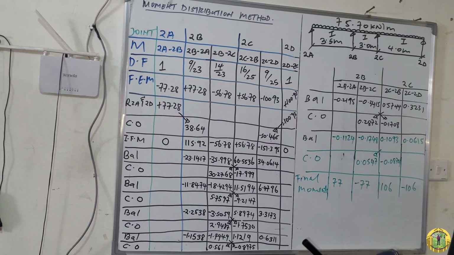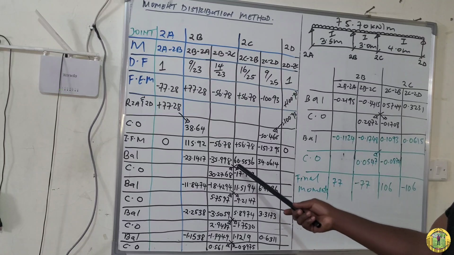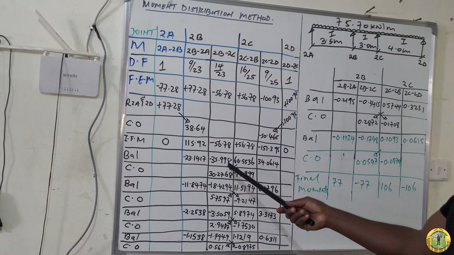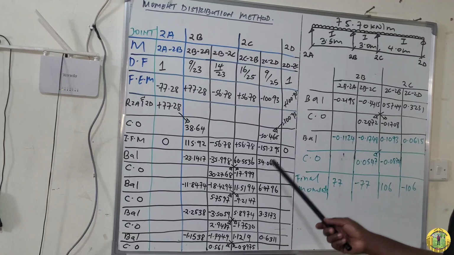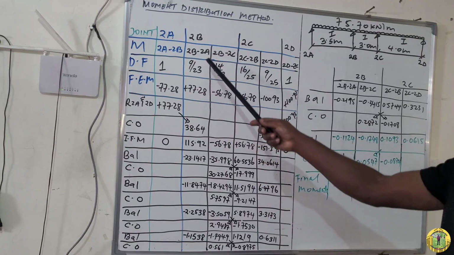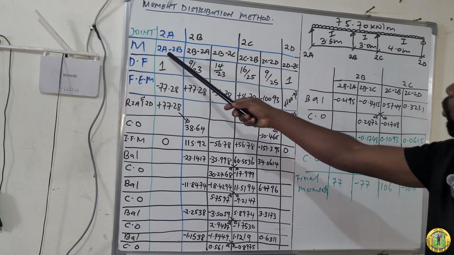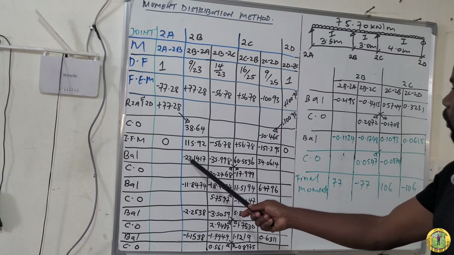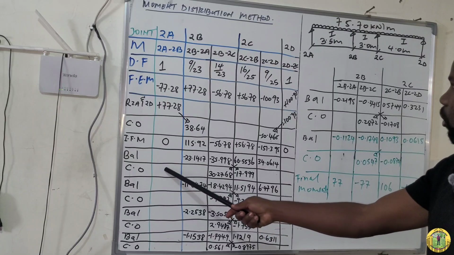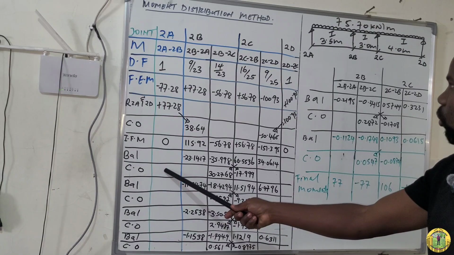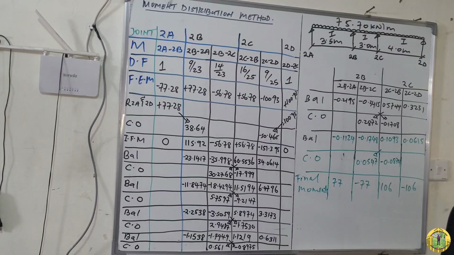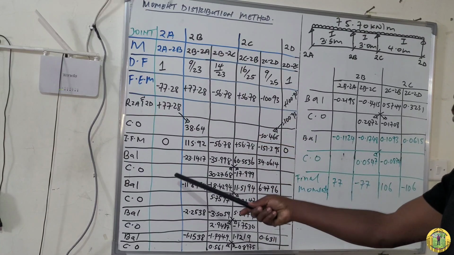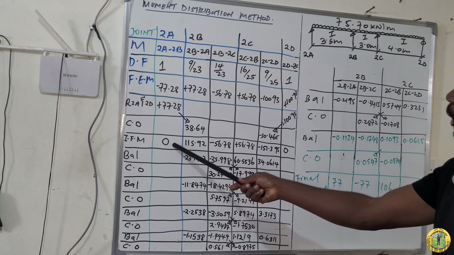And then after here, you have to carry over. After every balancing, you have to carry over. Carry over means you carry a half of the balanced value to the opposite member. As you can see, 2B, 2A is opposite to 2A, 2B, but you cannot carry over this 23.1417 to member 2A, 2B, because you have already balanced this member and our initial final moment is 0.